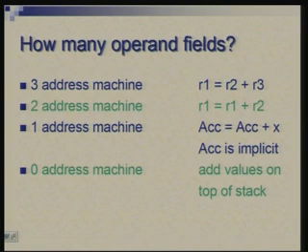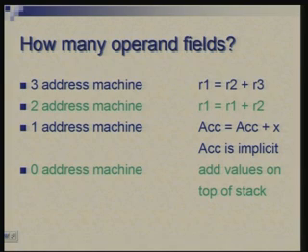A processor, an architecture may actually have a mixture of these instructions. But when we classify the machine as a whole, we typically go by what the bulk of the arithmetic instructions do.